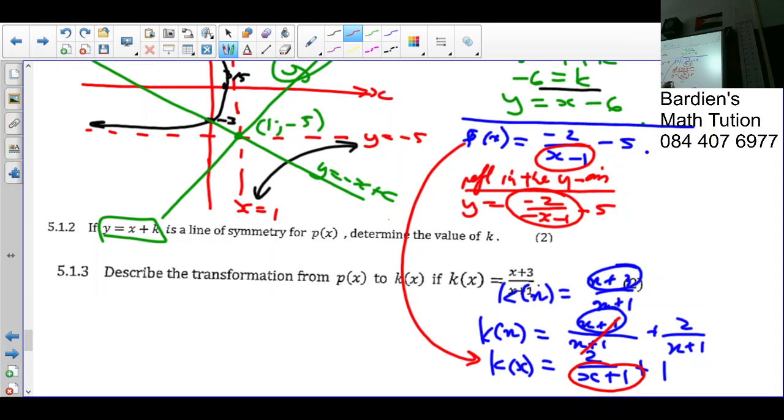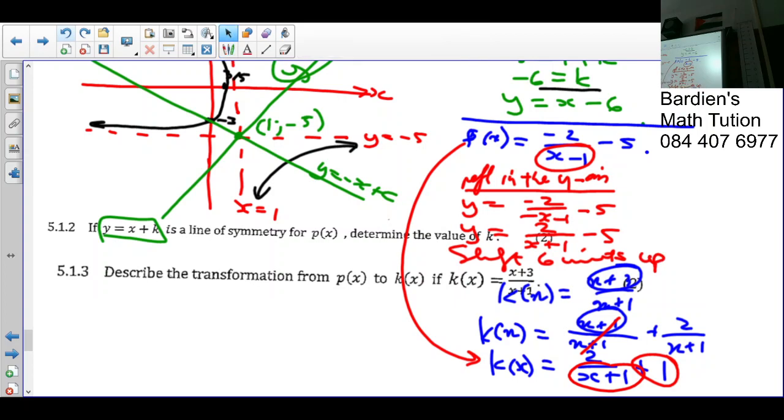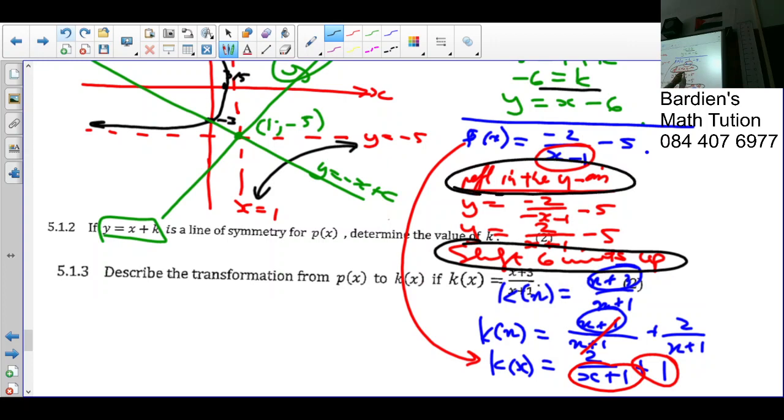Without this negative here, it would give us y is equal to 2 over x plus 1 minus 5. Then how do I get from minus 5 to positive 1? Shift the graph 6 units up. So what are they looking for? They're looking for this here: shift 6 units up and reflected in the y-axis. That's how you're going to get your 2 marks.